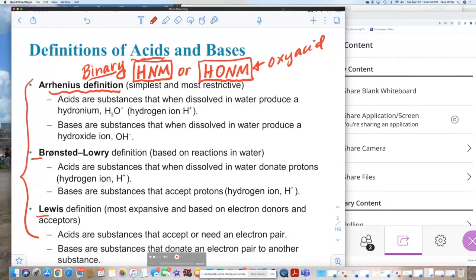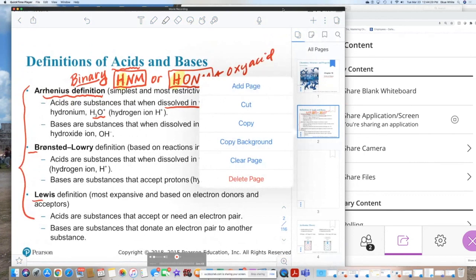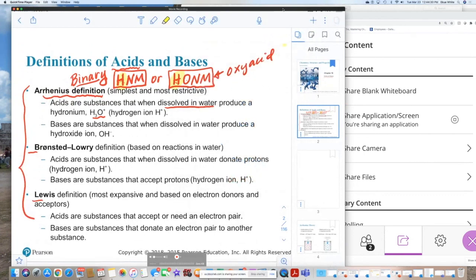With the Arrhenius definition, the simplest way of telling you have an acid is that it's a chemical substance that, when you dissolve it in water, produces a hydronium ion. So remember, in both of these structures, the element we have in common that makes the formula an acid is the hydrogen. So this hydrogen is here, this hydrogen is here. Let me remove that out of the way.